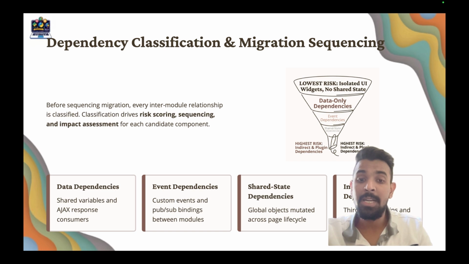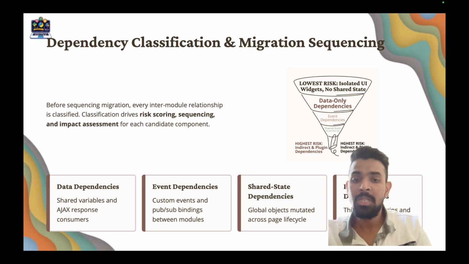Migrating it immediately could introduce subtle production defects. Instead, dependency analysis helps us assign a migration risk score. Low risk components are migrated first. Higher risk modules remain until their supporting infrastructure has also been modernized. This transforms migration planning from guesswork into a structured engineering process.